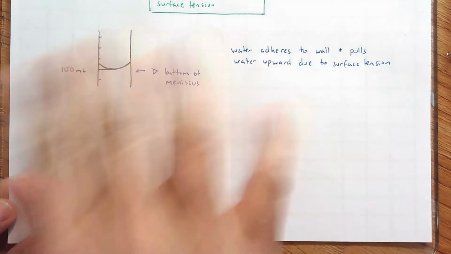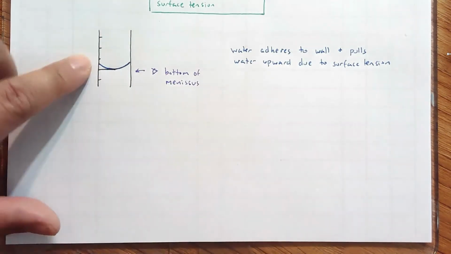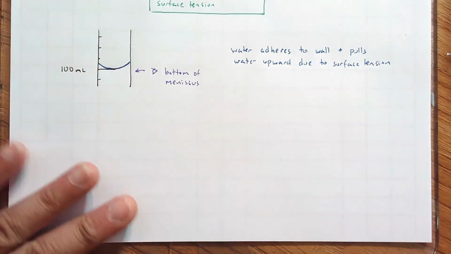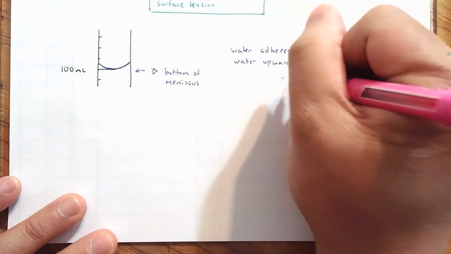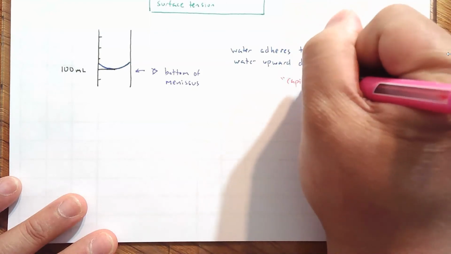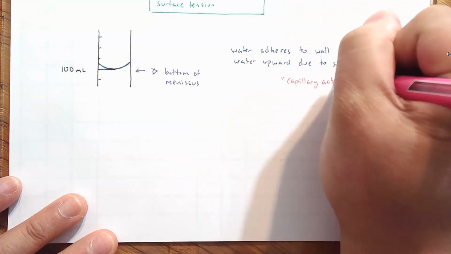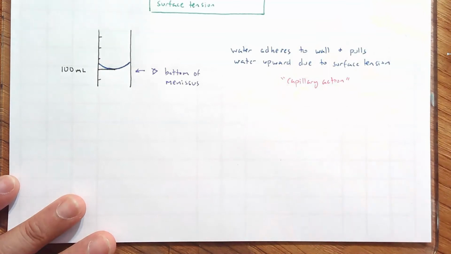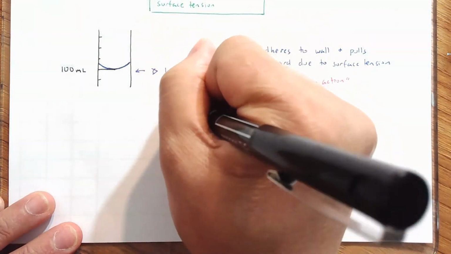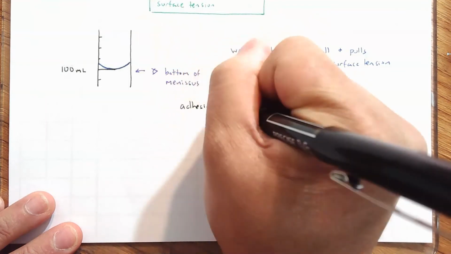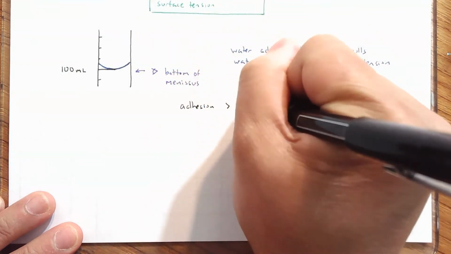That pulling up of water in a tube, whether it's a graduated cylinder or a very skinny capillary tube, that's called capillary action. It's not by vacuum, it's by this adhesion. So with water, adhesion is greater than cohesion.